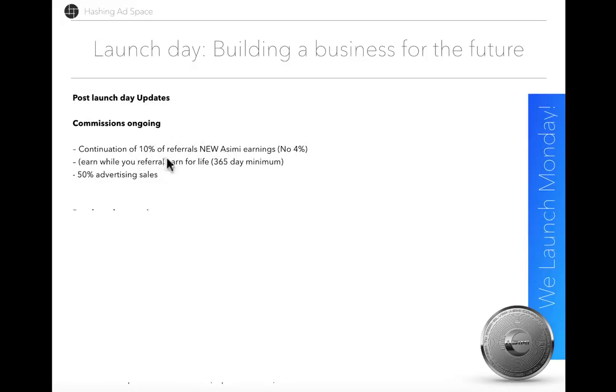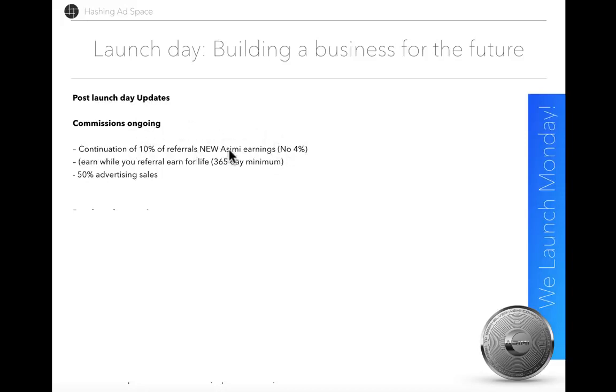Now, like I said, this is likely to be more than the 4%, and so we are removing the 4% direct sales commission. So we are not going to implement that. You'll know that this has not been implemented yet because we are not allowing the Asimi staking setup yet. So really we are just leaving it how it is.